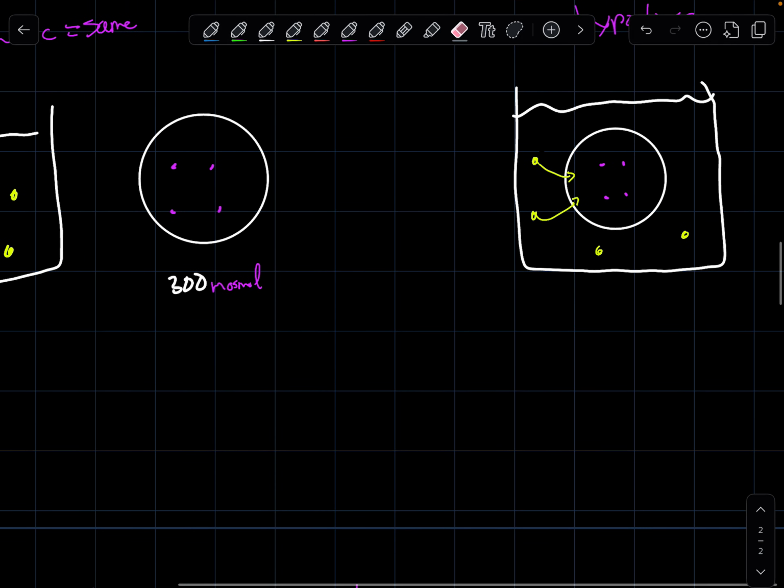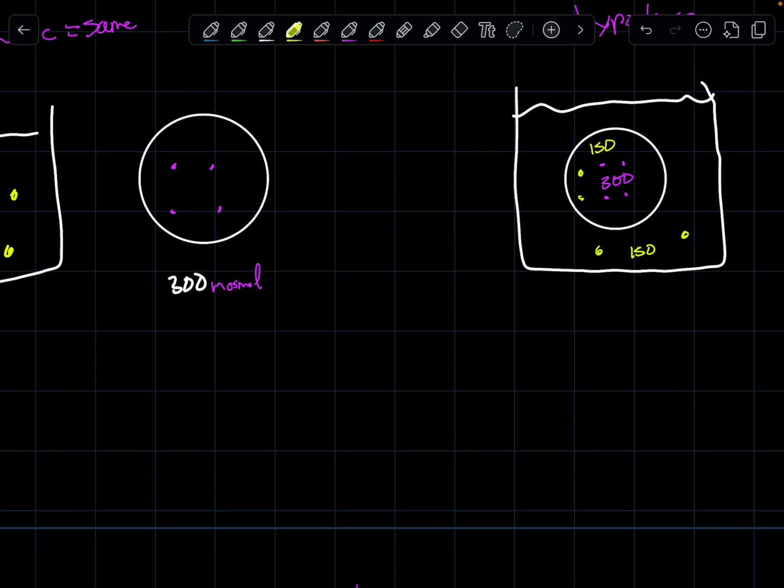With that being said, if 2 particles of urea go inside, there'll be 150 osmol outside, and then 300 with the cell, 150 osmoles with the urea. So the total on the inside of the cell will be 450 and 150 on the outside.